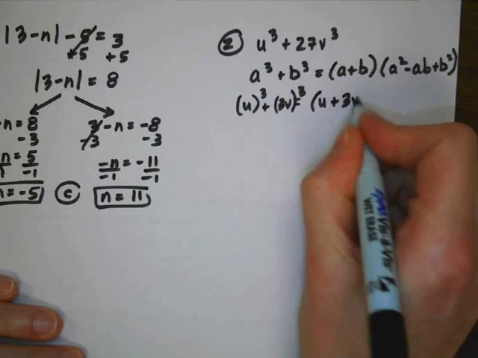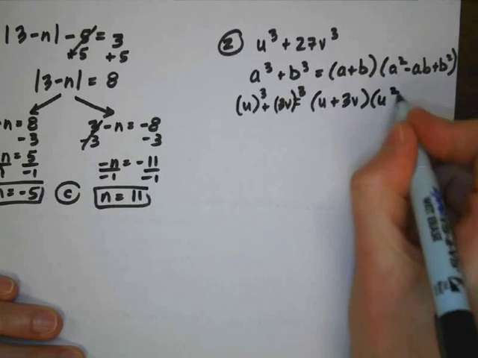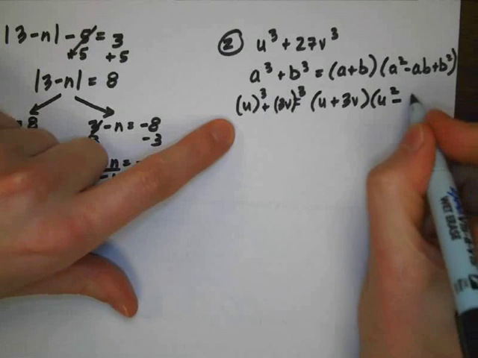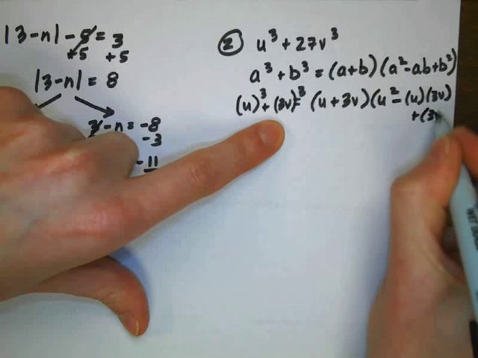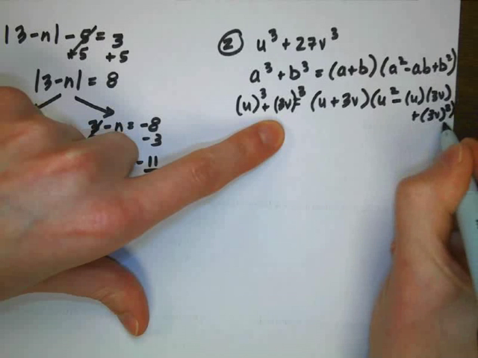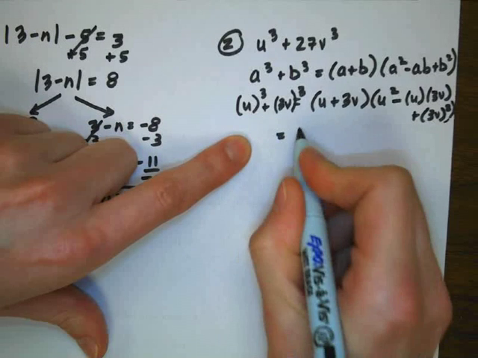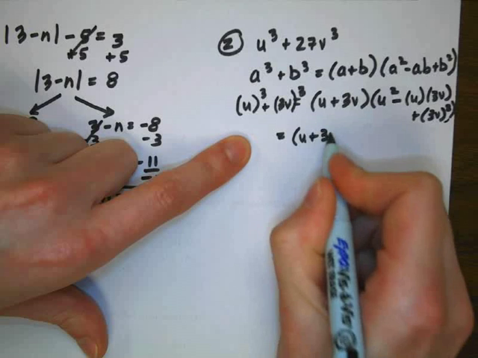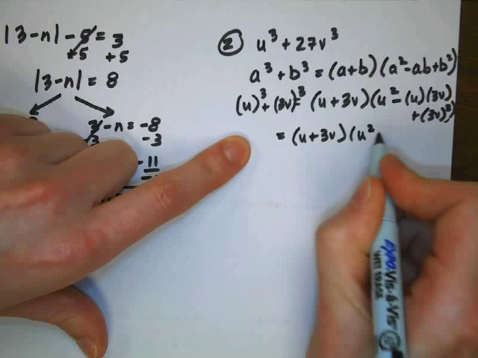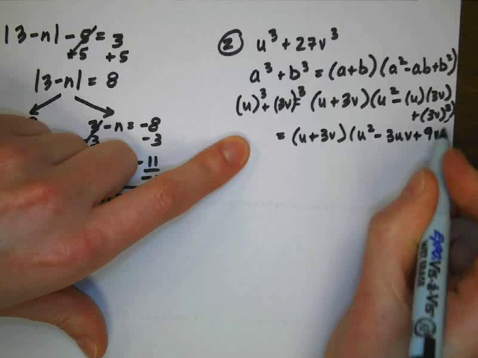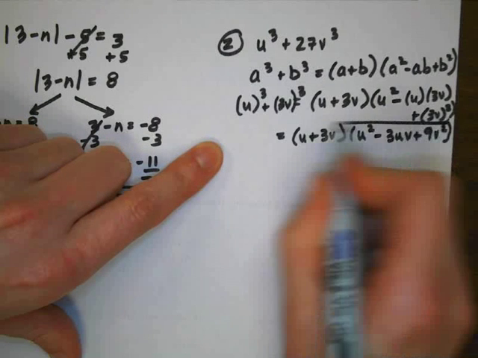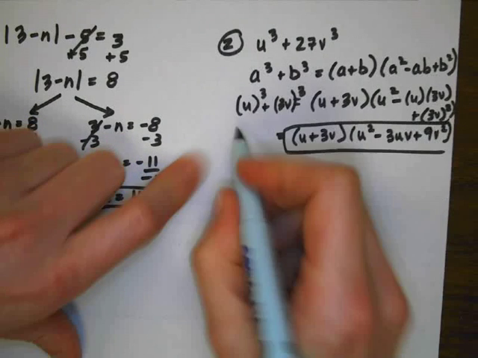U plus 3v, u squared minus a is u, b is 3v, plus 3v squared. Okay, so we've got u plus 3v times u squared minus 3uv plus 3 squared is 9, v squared is v squared. Okay, and the answer for that one would be B.